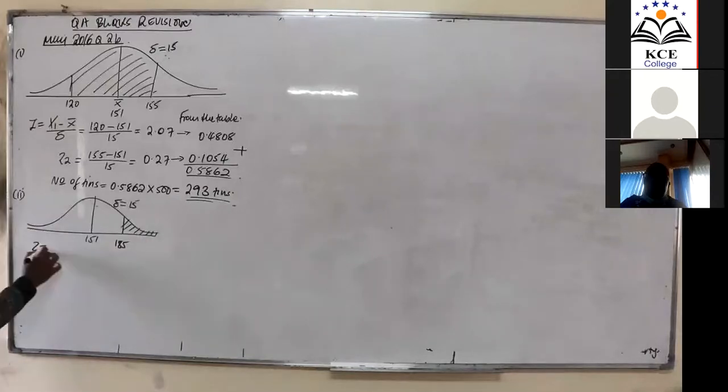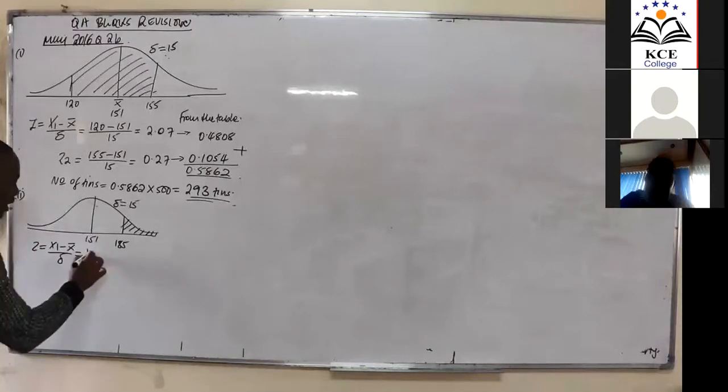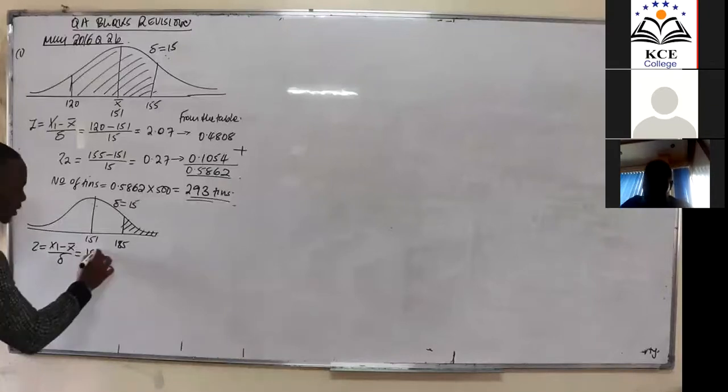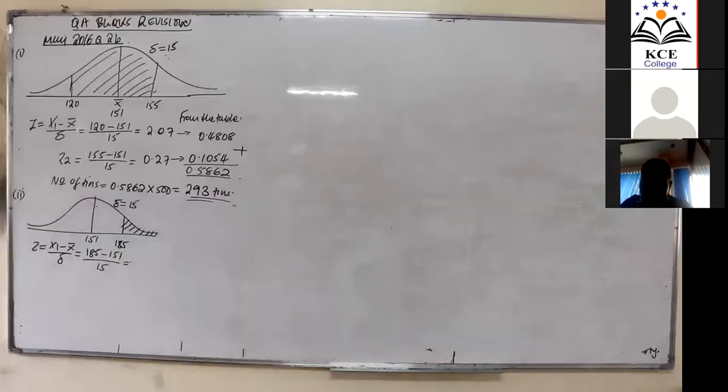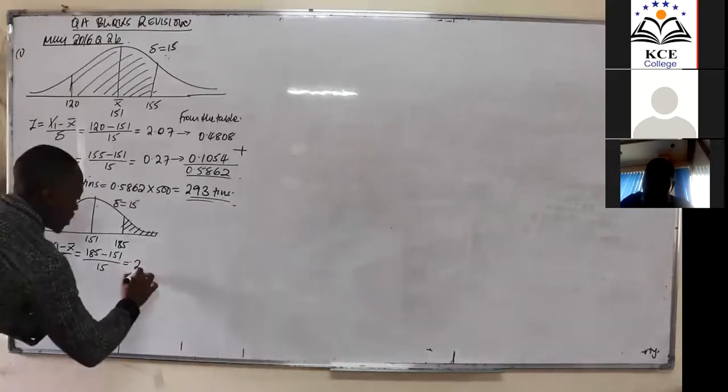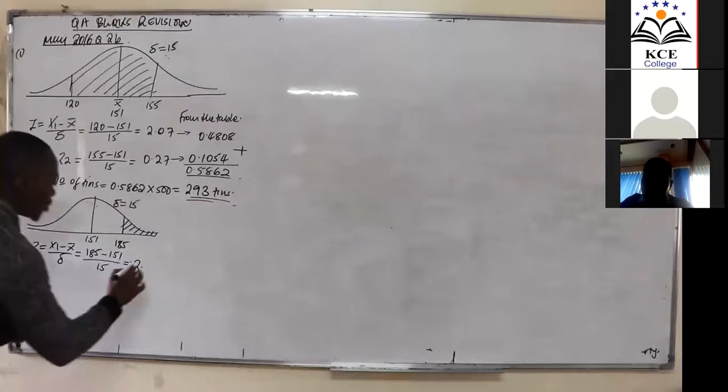So to get Z, X1 minus X bar over standard deviation. X1 in this case is 185 minus X bar of 151 over the standard deviation of 15. You get 2.27.